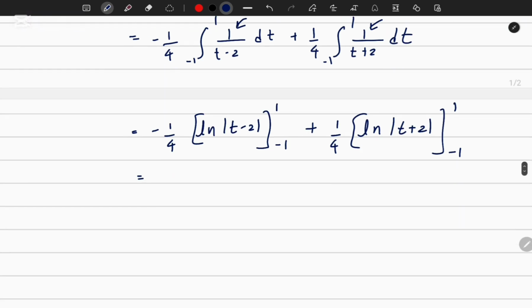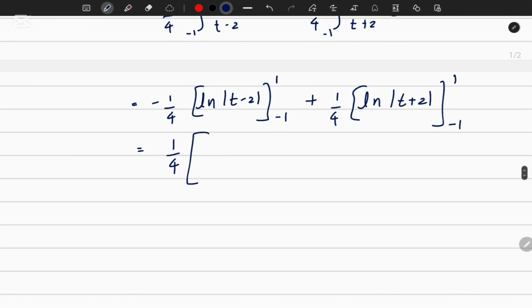So this is 1 over 4. I will take 1 over 4 from both of them. So this is ln, first 1 minus 2, right? 1 minus 2 is minus 1, but I am going to take the absolute value, so this is ln 1. Then minus 1 minus 2, this is minus 3. I am going to take the absolute value, so this is ln 3. I have to multiply each by a negative sign, right?